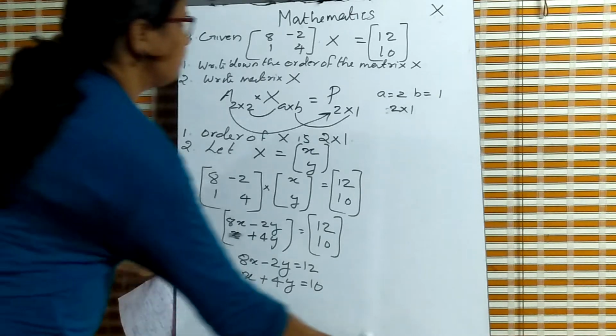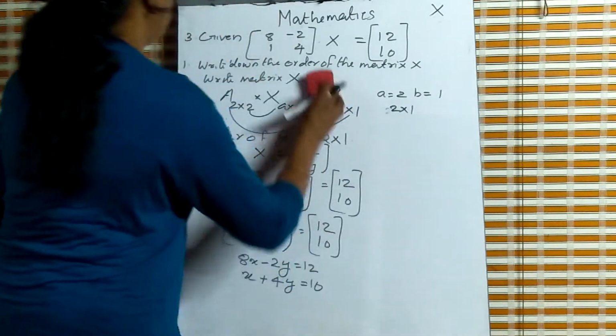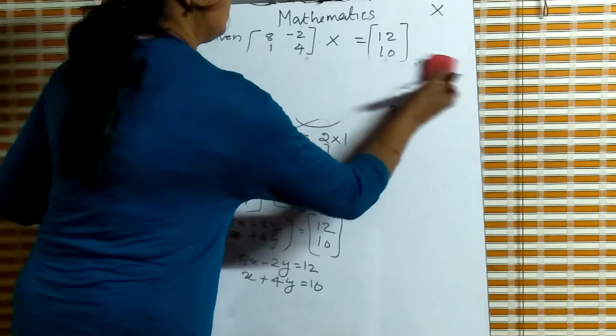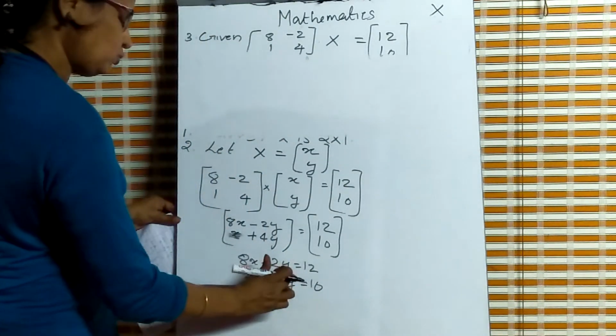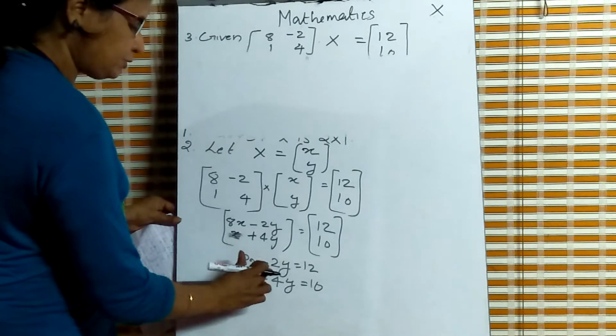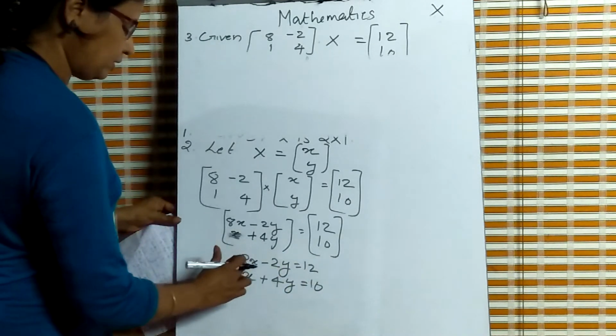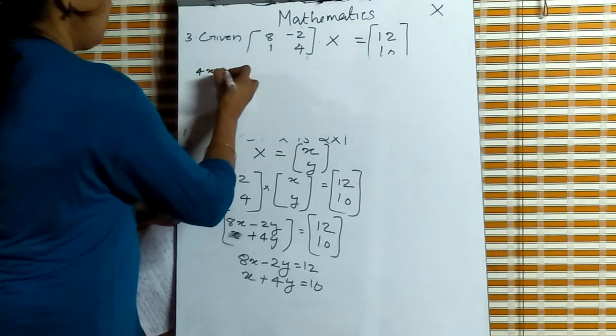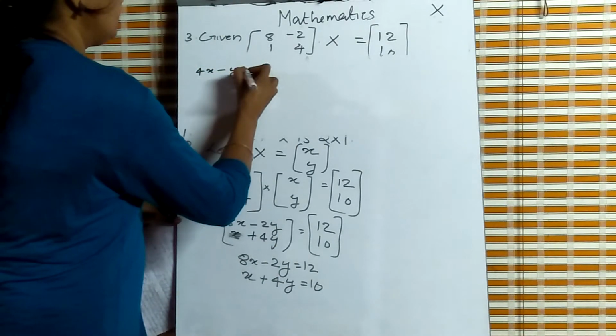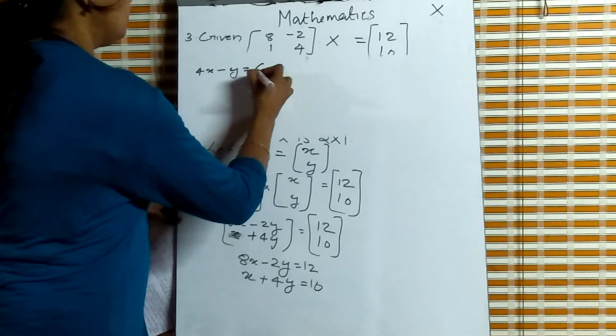First equation, 8x minus 2y is equal to 12. 8, 2, 12 are multiples of 2. So dividing throughout by 2, we get 4x minus y is equal to 12 by 2, which is 6.